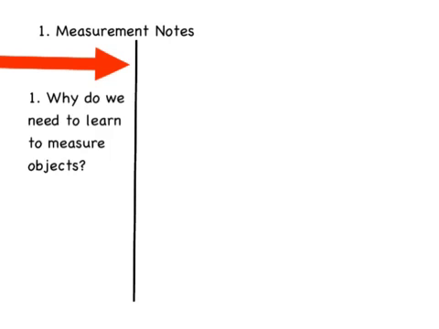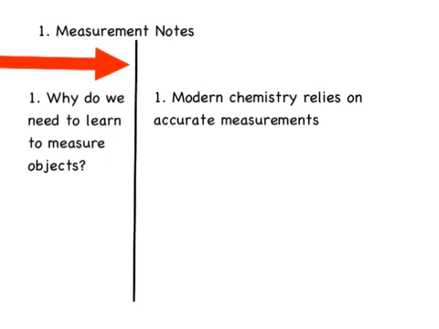Everything we're going to do is going to have measurements to it. So the reason why we learn to measure objects is because modern chemistry relies on accurate measurements. We cannot do anything in chemistry without learning how to measure accurately.